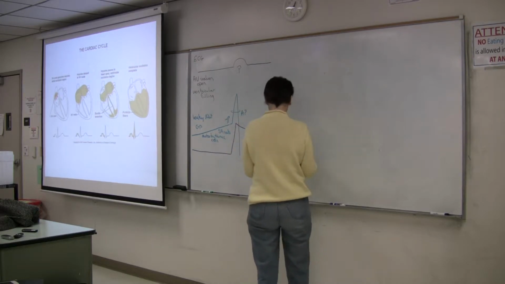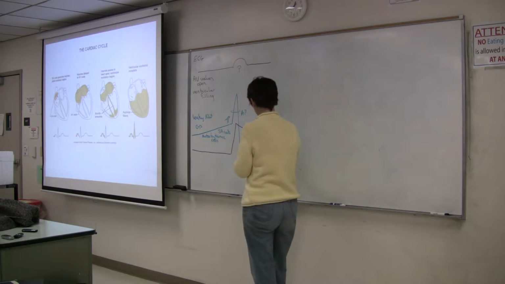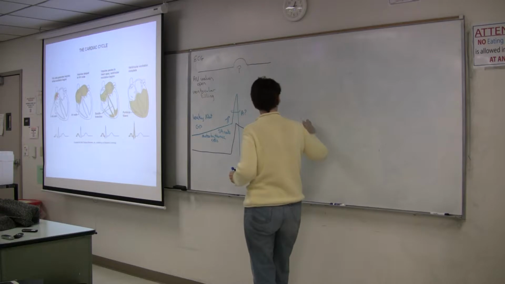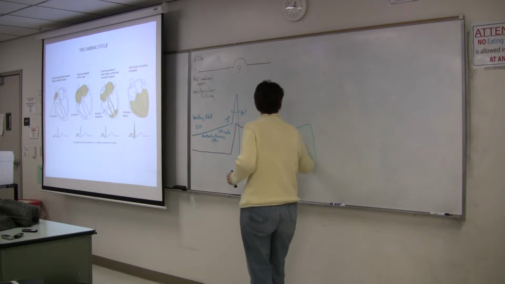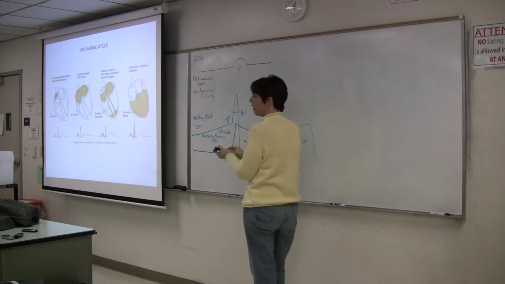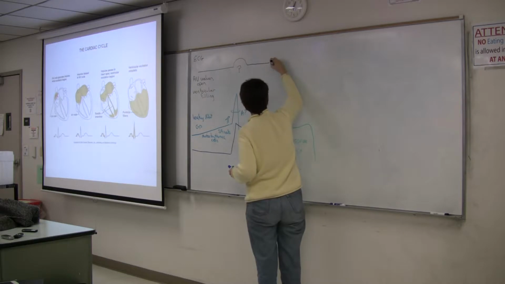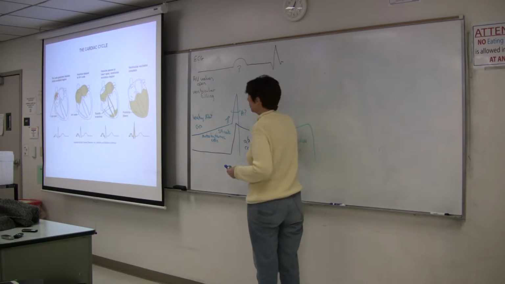And so we see that occurring. Now this is showing just one, so a wave of them would be occurring. And that results in our ECG showing a QRS wave. Okay?